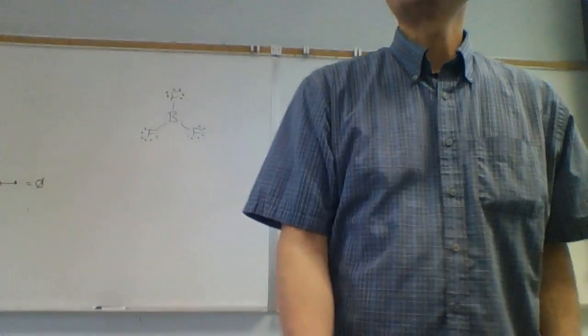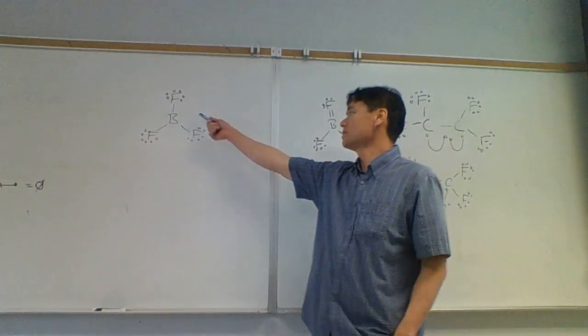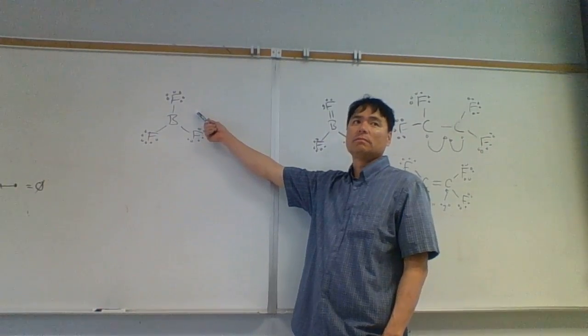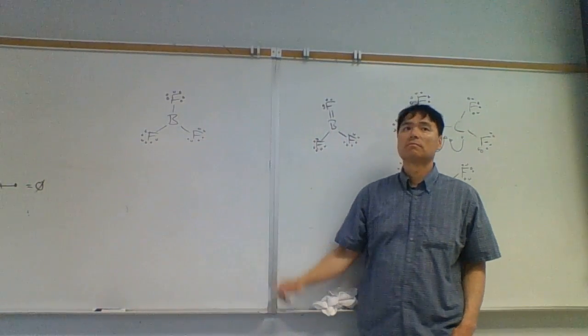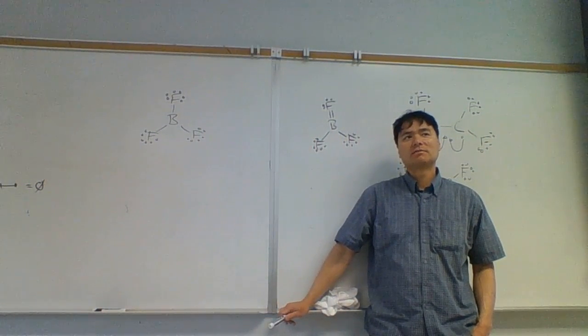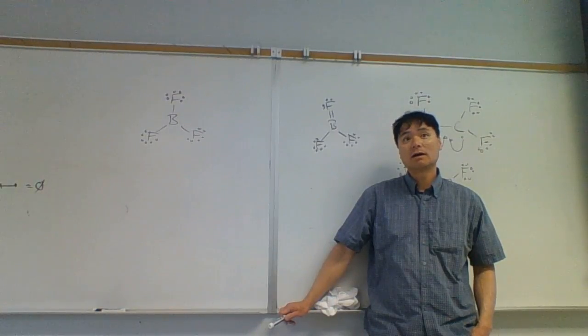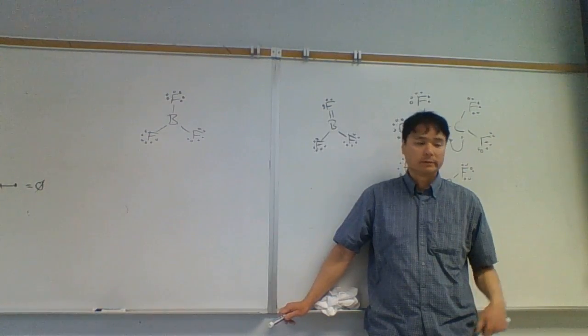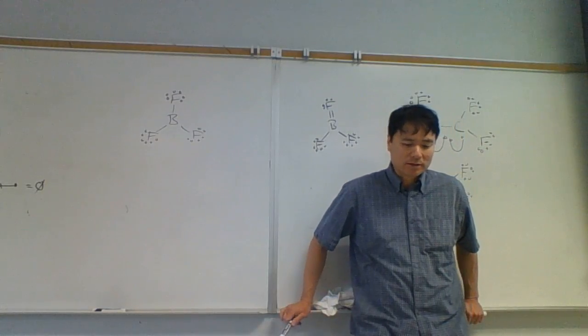Well, it still has an octet. Did this fluorine lose its octet? But now it's sharing rather than having its own pair, which means what? It's got a lot of pull. Fluorine's got the strongest pull.